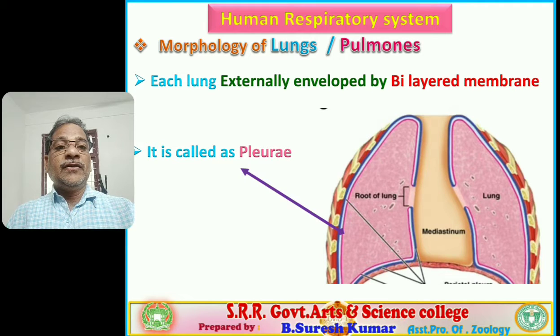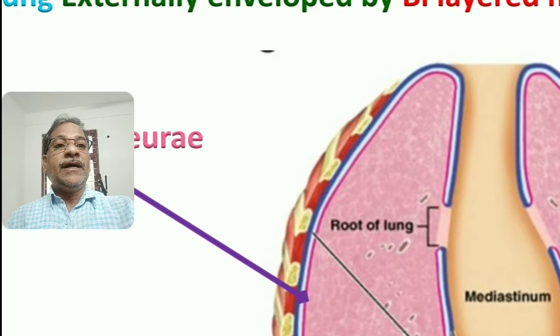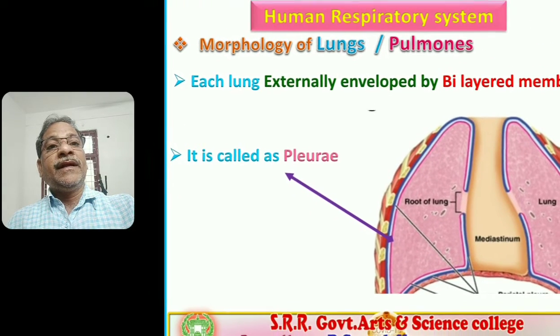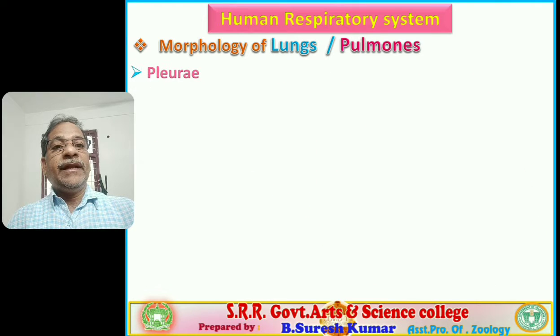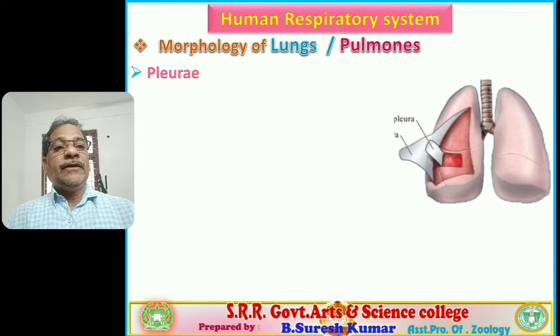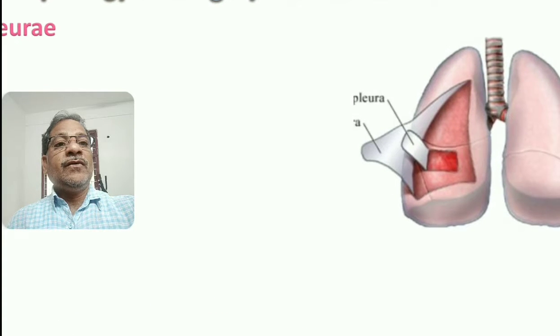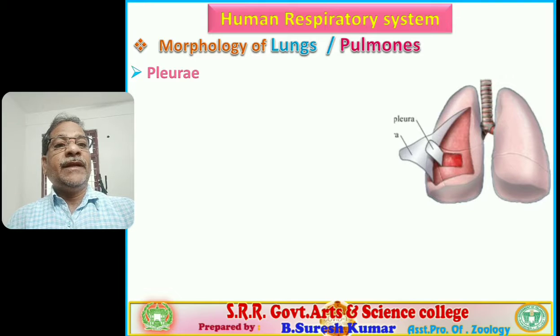Followed? So you observe this visual. Two layers are very clear around the lungs. The outer layer is marked with blue color, and the inner layer is marked with pink color. These are the pleura, also called the pulmonary membrane. Two layers, outer and inner pulmonary membranes, pleura.